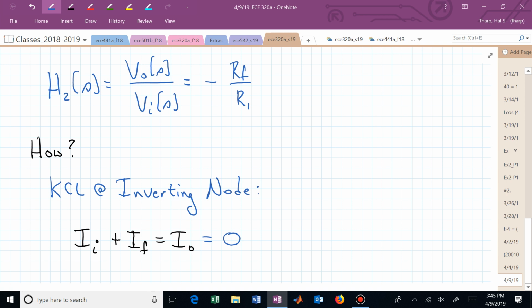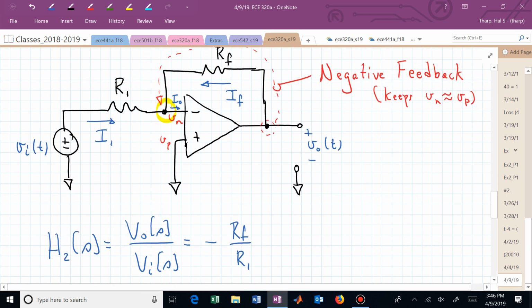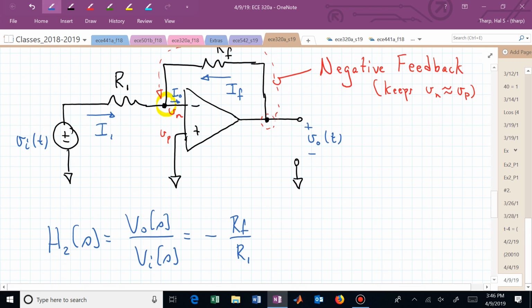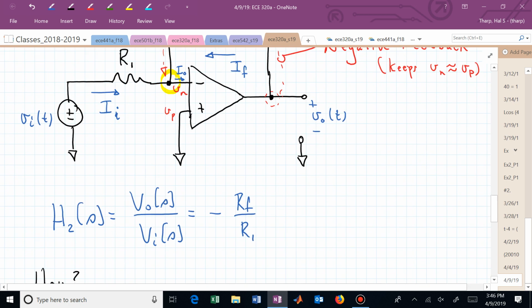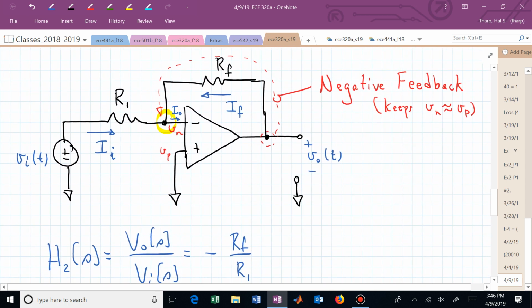And how do we define, did I say I sub 1 or I sub I? Let me change this to I sub I. What is that? What is I sub I? Theoretically, it's capital V sub I. It's the voltage dropped across R1 divided by R1.